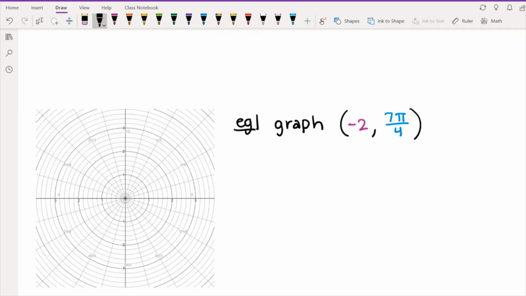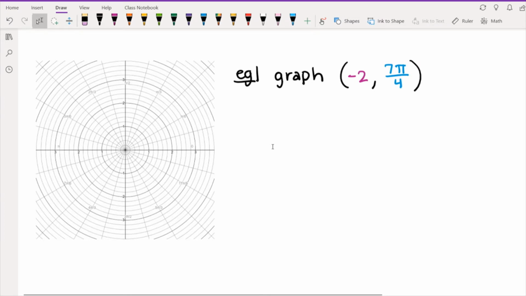Okay, so this is where you have to remember your unit circle angles. So what does 7 pi over 4 look like? Well, the way that I like to think about it is just count up your pi over 4s, right? So 1 times pi over 4 would be like here, 2 times pi over 4 would be here, 3 times pi over 4, 4 times pi over 4, 5, 6, 7.